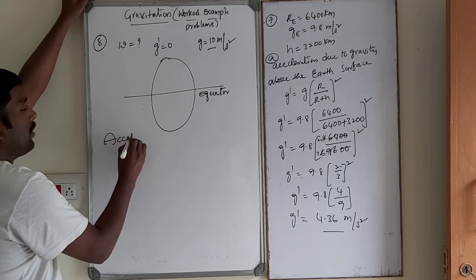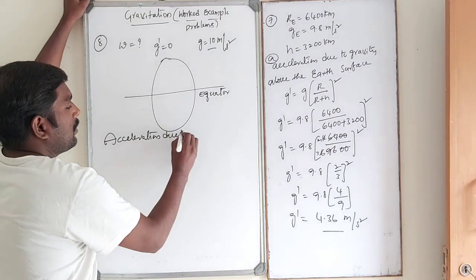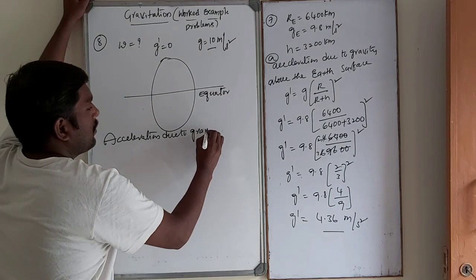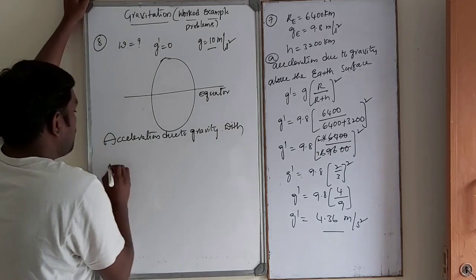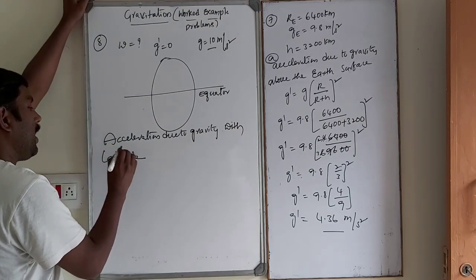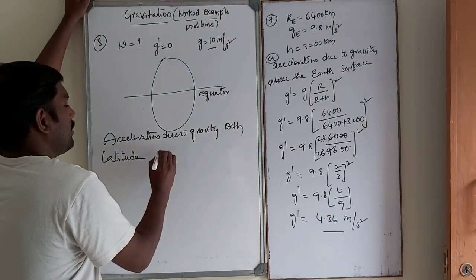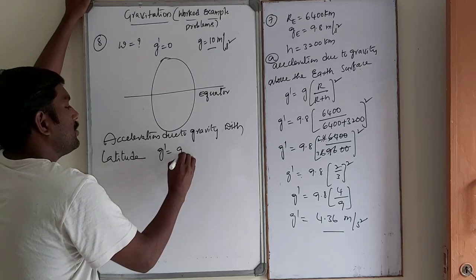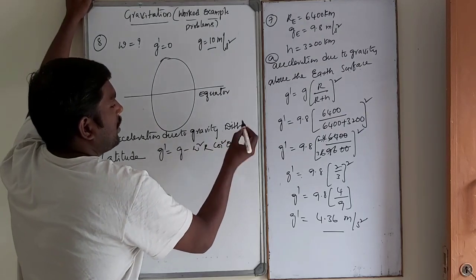Latitude is the angle around the earth surface. So g dash is equal to g minus omega square r cos square theta.